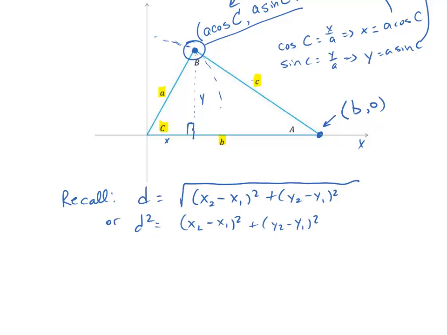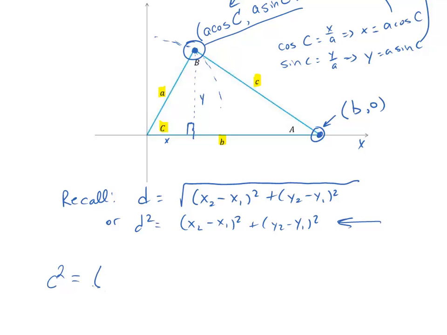So then, the distance from point B up here to point A down here, that is the point at angle B and the point at angle A, we know is C. So I'm going to use this formula right here, and I know the distance between those two points is C. So using that second formula, C squared would be equal to, the difference of the x coordinates.